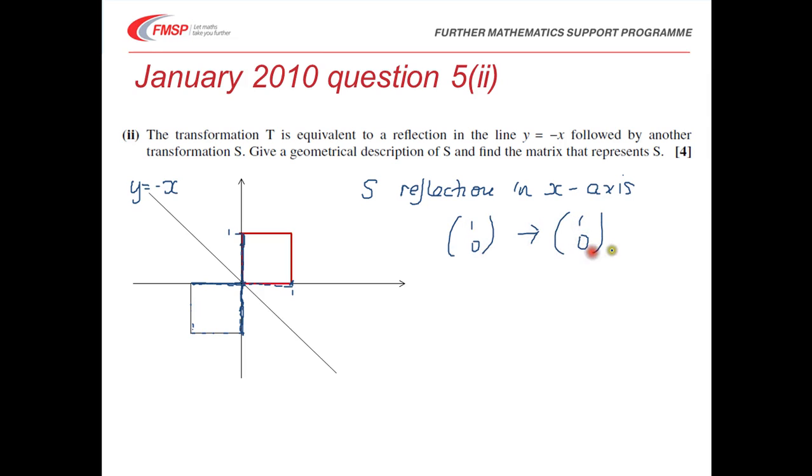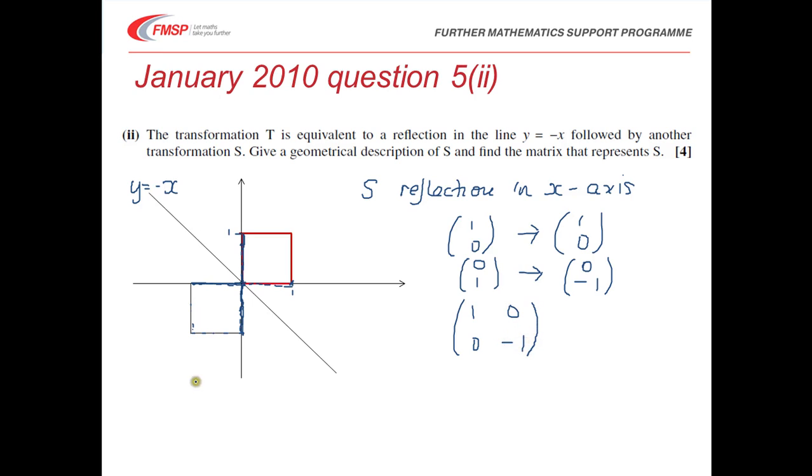So the first column of our matrix is going to be 1, 0. But 0, 1 would map on to 0, negative 1. So the second column of our matrix is going to be 0, negative 1.